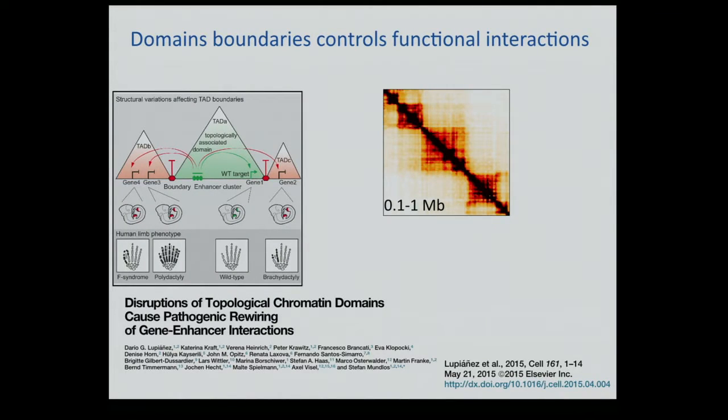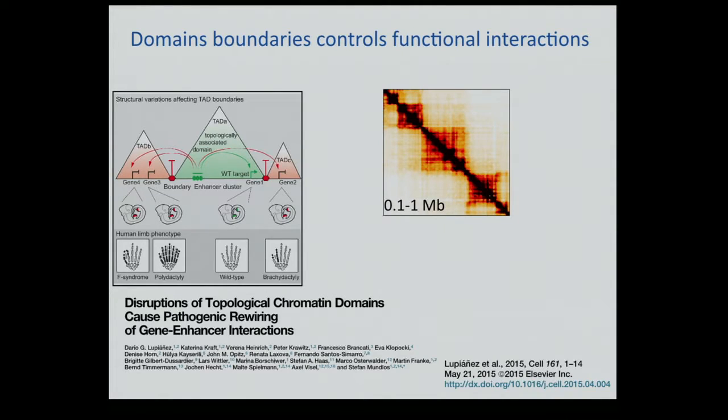Another interesting paper that came out last year showed that these changes in the boundaries are actually highly important from the functional point of view. Here what was shown is that a human phenotype, essentially a limb malformation, was found to be associated with the loss of a region in the boundary that contains a boundary element.